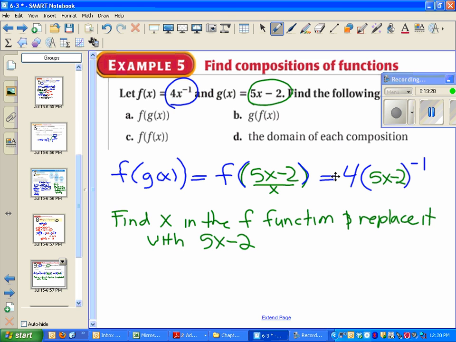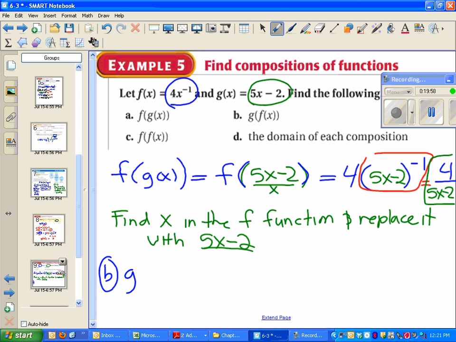So all of this is unhappy upstairs, so I'm going to bring that downstairs. 4 is 4 to the first, so that stays upstairs. And then downstairs will be 5x minus 2, and then that is done. All right, I found x, I replaced it with 5x minus 2, and then I simplified. Okay, so let's look at part B.